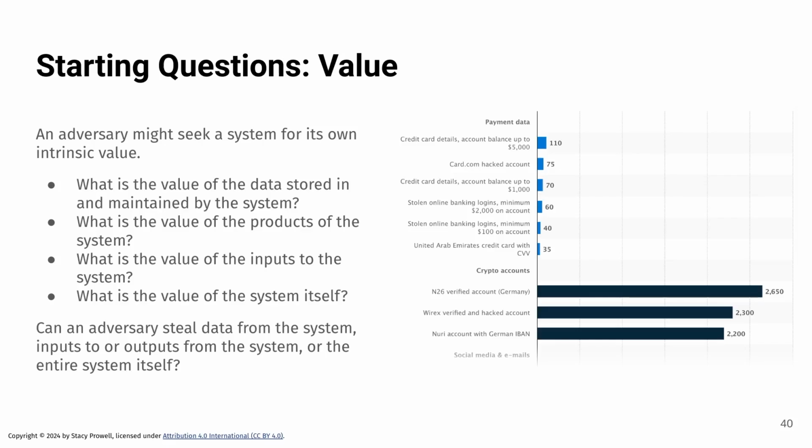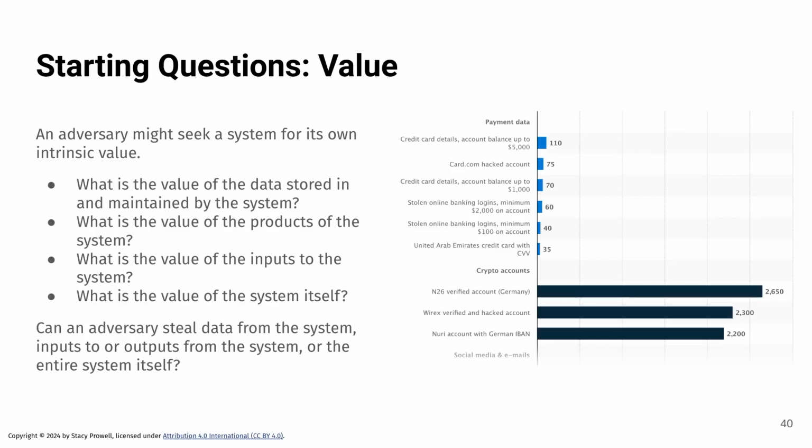Can someone tamper with the system? Maybe we build something. And one threat might be that an adversary finds a way to use the system to steal some of the products of that system, right? They find a way to tamper with our system so that we ship our products to them when they shouldn't be getting them. What's the value of the inputs to the system? Go the other side, right?